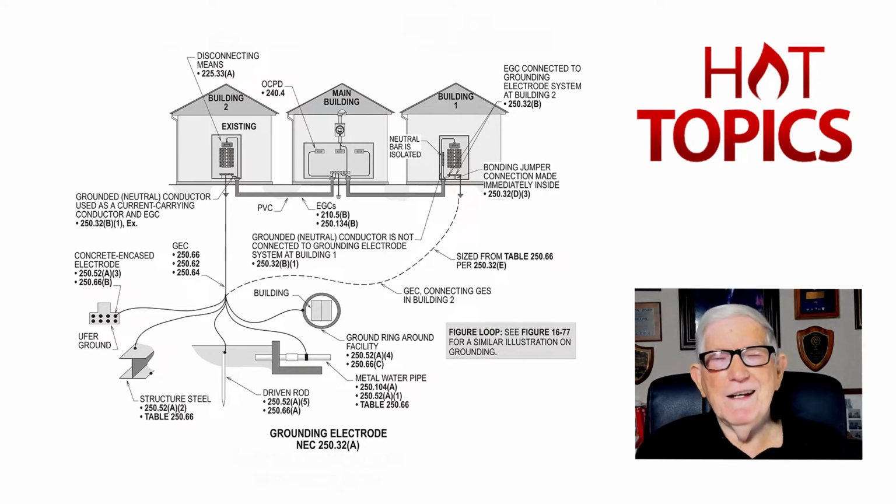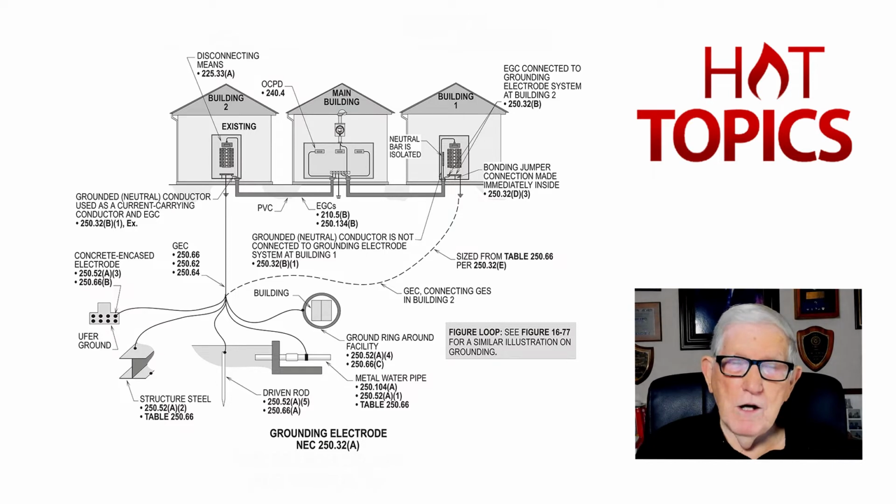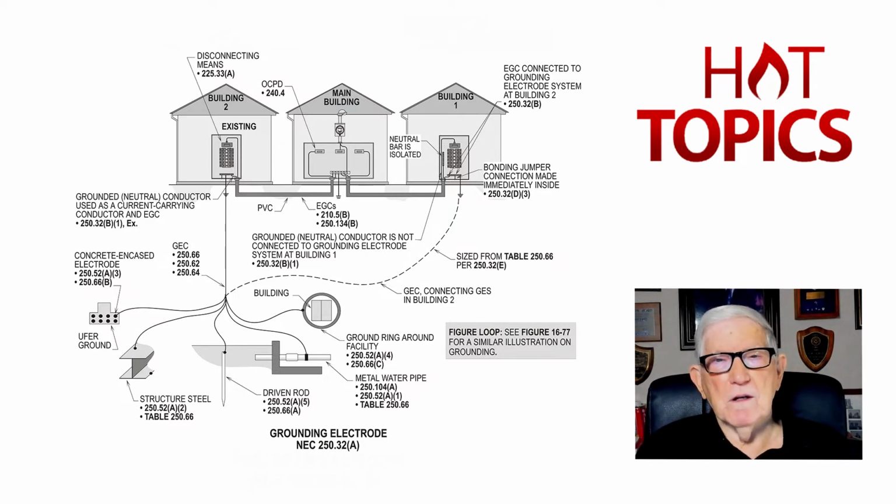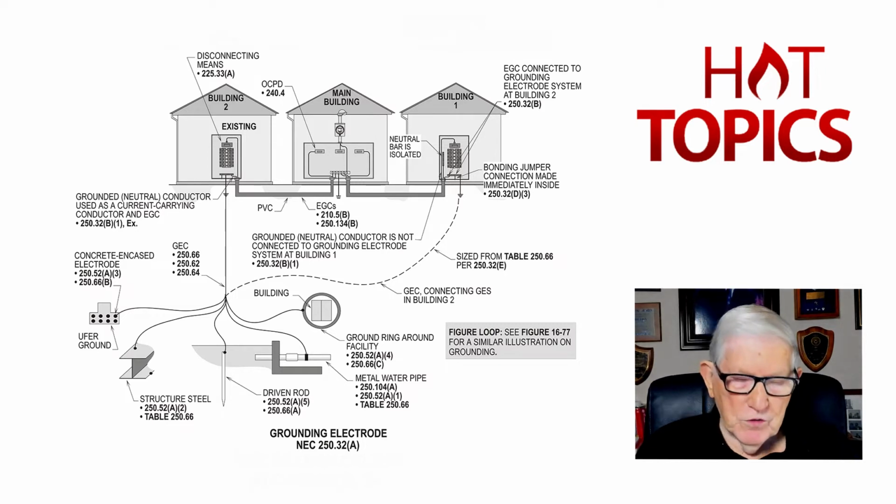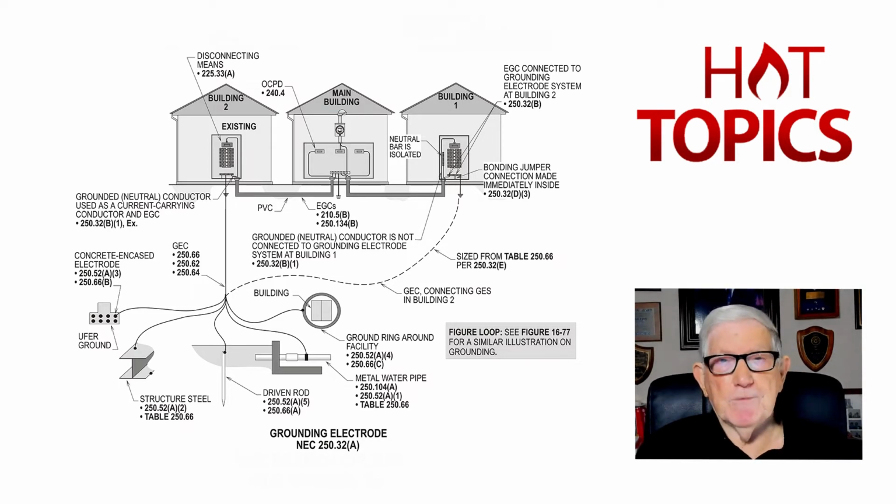But if you calculated the neutral load, 220.61, to be a 1/0, then it'd have to be a 1/0, not a number 6. You'd use the larger of the two as required in 250.32(B), item number 2 there.